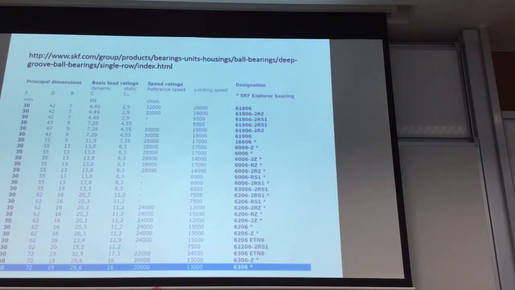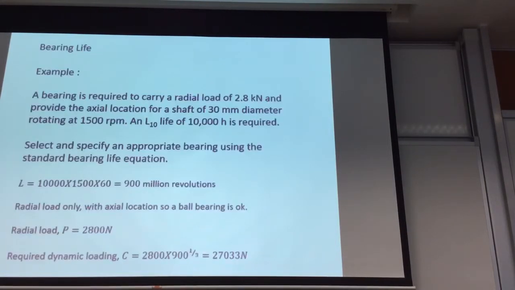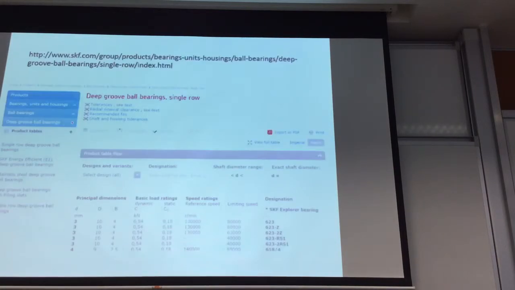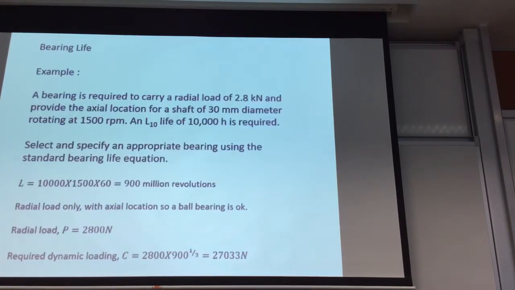Look at this one, it is 29.6, which is bigger than 27,000. So to pick your bearing, this is the one that you want, because the C value of these last three will be bigger than your required C value.